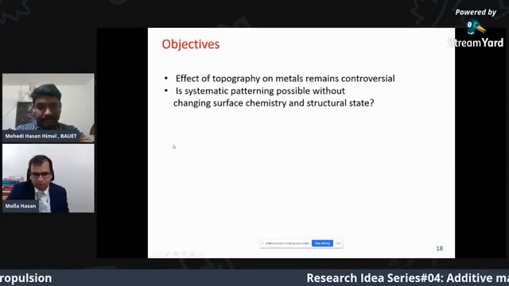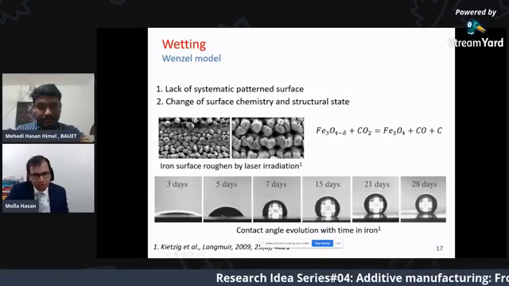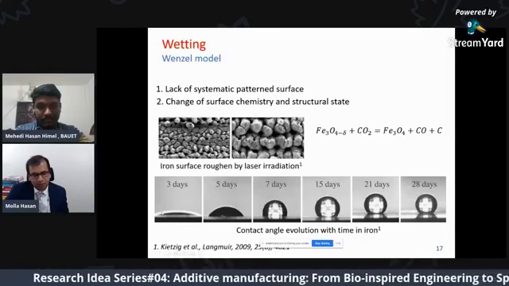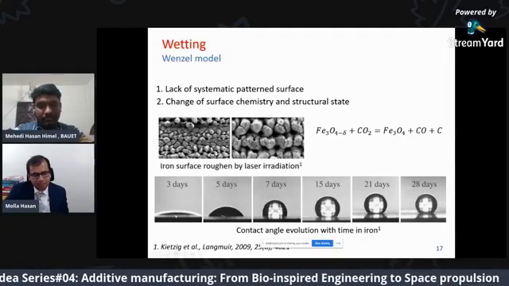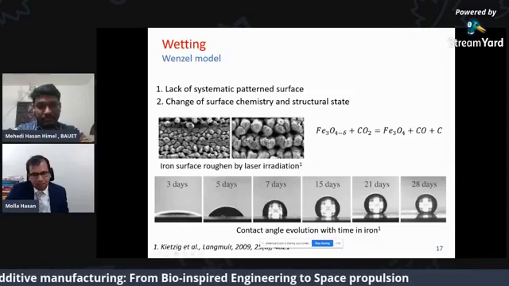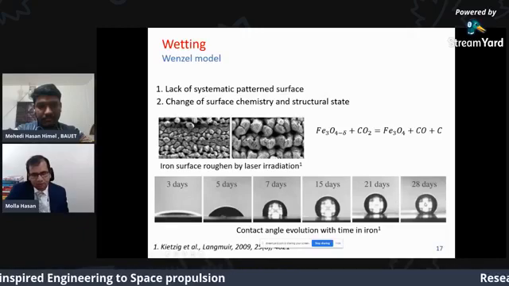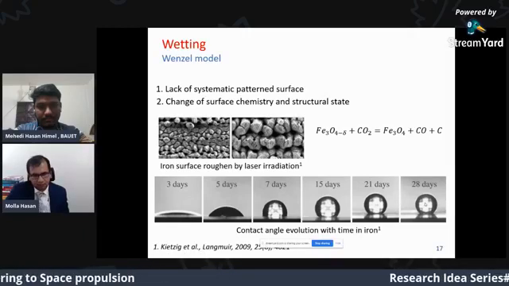For example, this iron, when irradiated with the laser, at the beginning has a contact angle of say less than 10 degrees, but over time this contact angle changes. That is very peculiar.